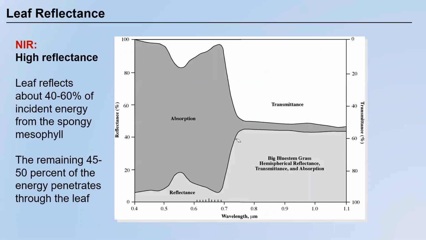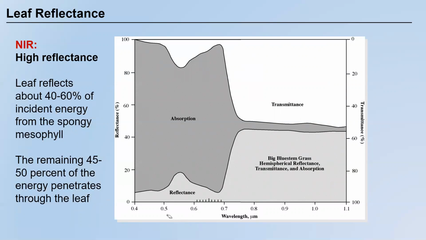And then near infrared: vegetation has very high reflectance within the near infrared band. A leaf reflects about 40 to 60% of incident energy from the spongy mesophyll. Chlorophyll A and B are pigments in the spongy mesophyll. The remaining 45 to 50% of the energy penetrates through the leaf.